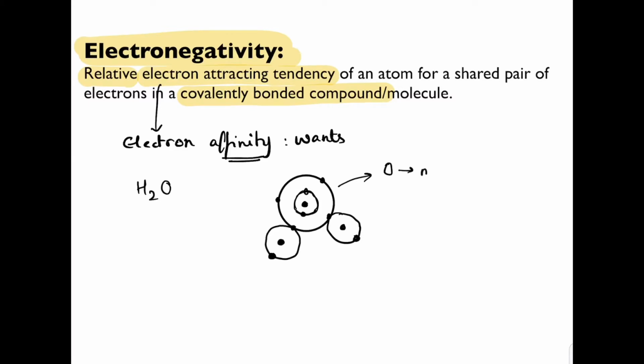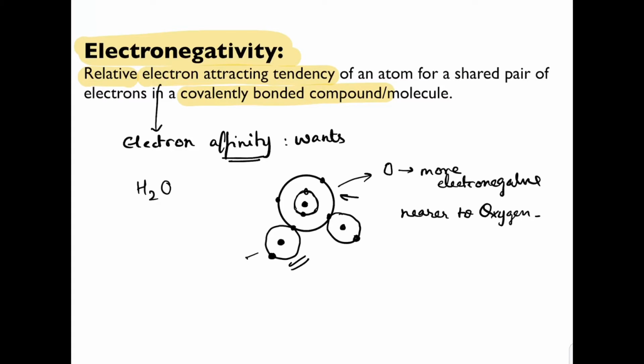We'll see why it is, but let's just understand it is more electronegative than hydrogen. So there are more chances that the electrons are nearer to oxygen, because oxygen is more powerful in terms of holding the electrons compared to hydrogen.